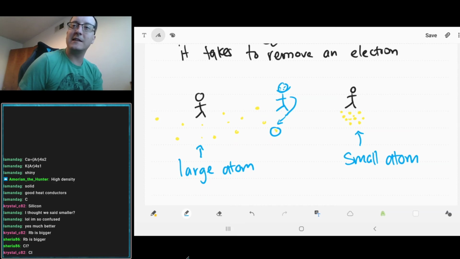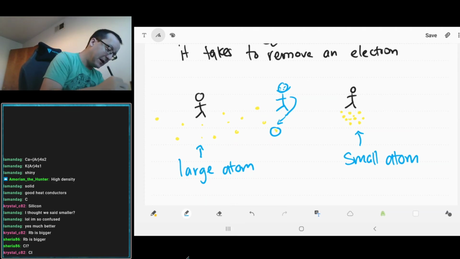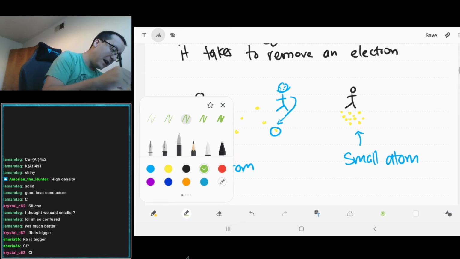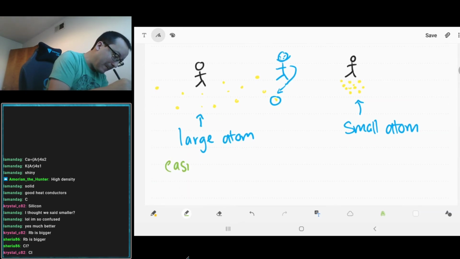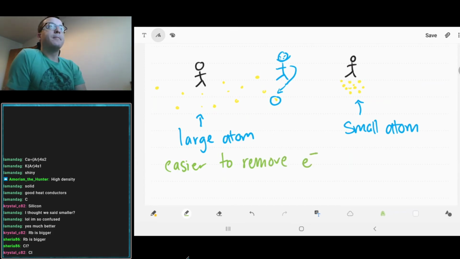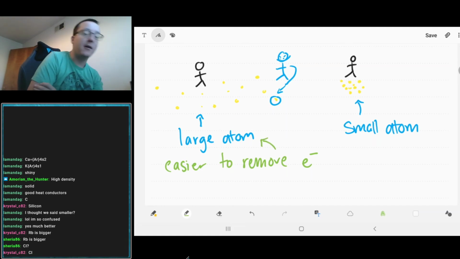And as a result, it's going to be easier to steal an electron from a large atom. So if you think about it, this guy's in this big old mansion, he can't watch all of his coins at once, so the burglar just goes in and steals one. The other guy probably might even not notice. Whereas in the small atom, small house, all the coins are in the same spot. It's very easy to protect them. So it's going to be easier to remove from a large atom.